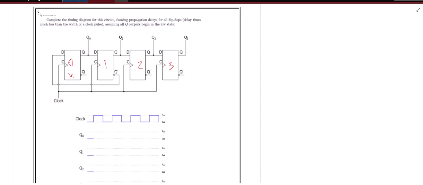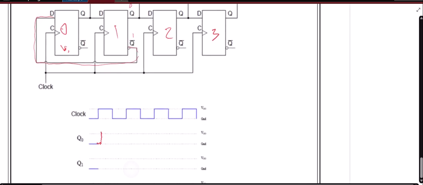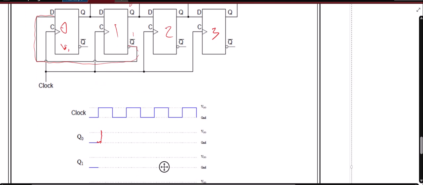And so if we follow this here, we know that Q was originally 0. Well, Q bar then is going to be 1. So when we get to the first clock cycle, Q0 is going to be 1, but this time we're supposed to give it a slight bit of a delay, which you can't really see there. There's just a little bitty bit of a space there. And it'll stay that way till we get to the next positive edge.